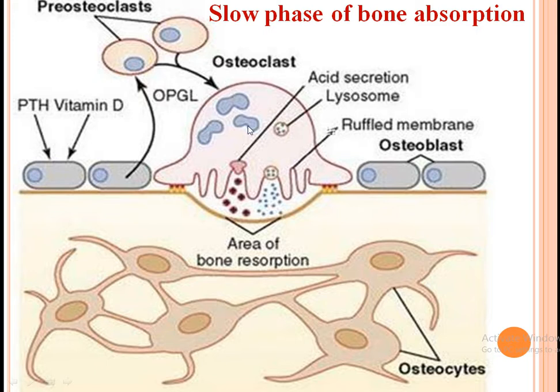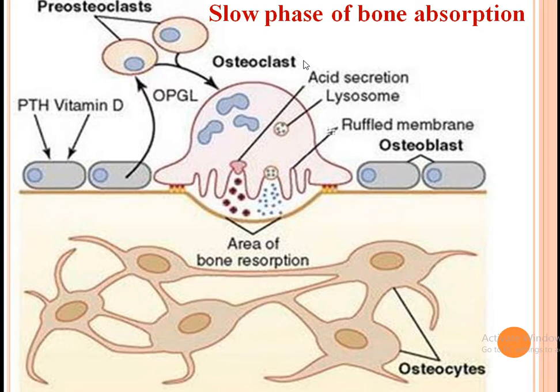Now this is the osteoclast, and the surface facing the bone is the area of bone reabsorption at this site. It releases lysosomes and acid secretion through which the bone reabsorption takes place. This is the slow phase of bone absorption through the osteoclast.